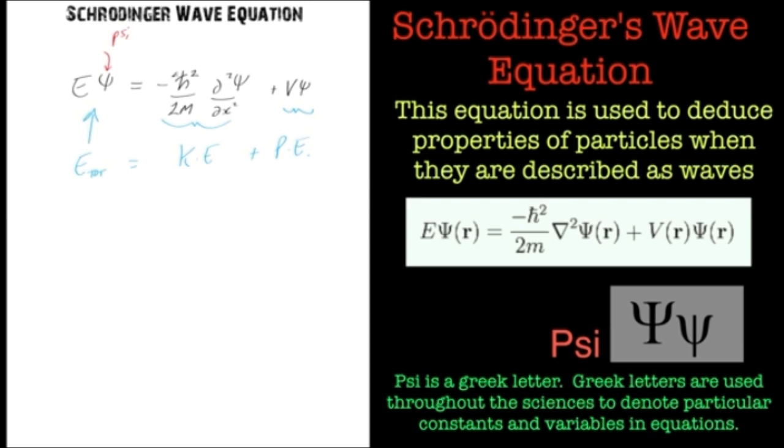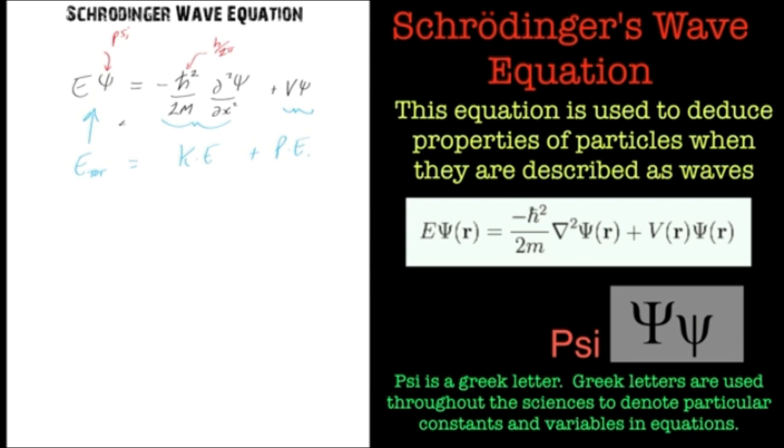And a few maybe familiar constants here. We've got one constant actually, which is the reduced Planck constant, or h bar or h cross, and that is just really h over 2 pi. And there's the mass of the particle that we're interested in.